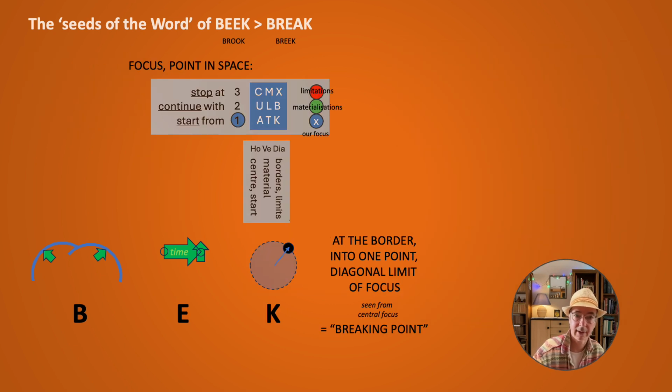The last letter, K, is again from the first category, about focuses itself. It starts from our focus, and focus looks for points in space. These points in space are from the first category, so of course it starts also from our focus, and they are in the third degree, so at the borders, at the limits.